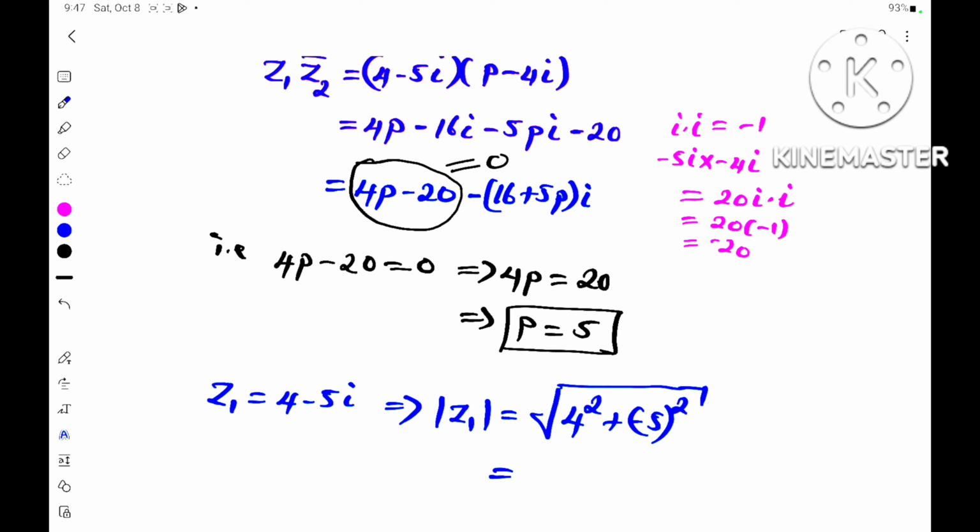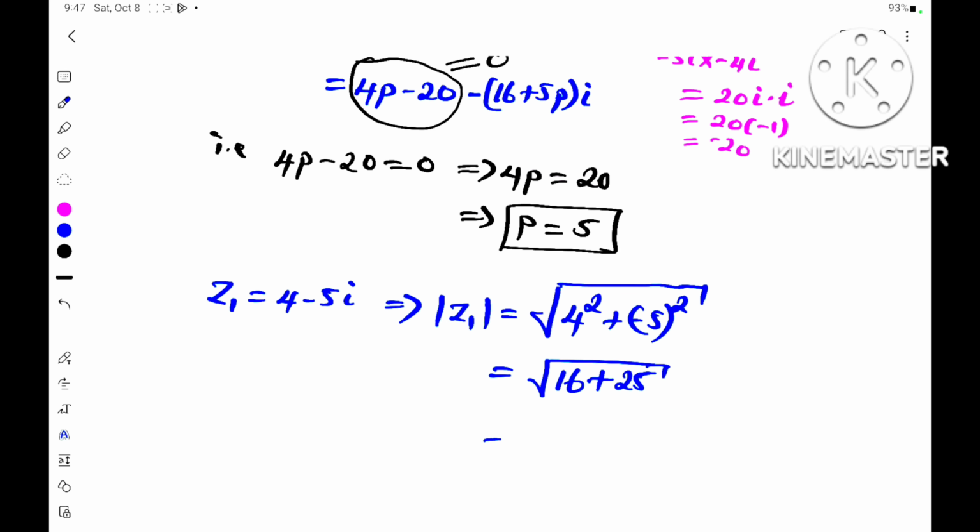And this is equal to the square root of 16 plus 25. So this is equal to the square root of 41.